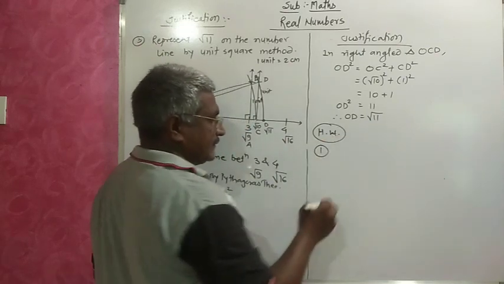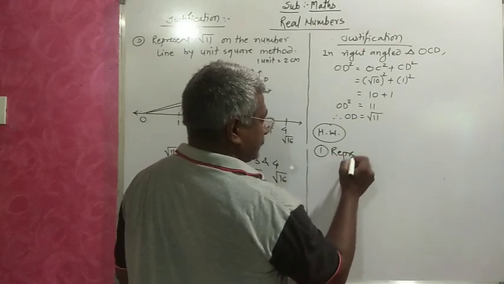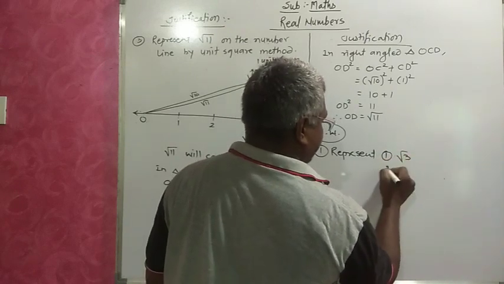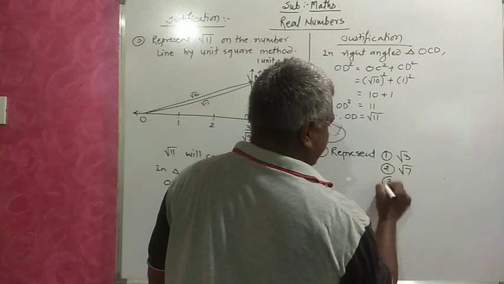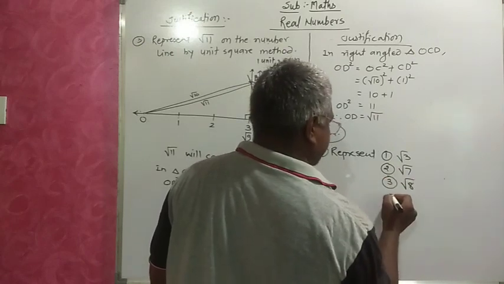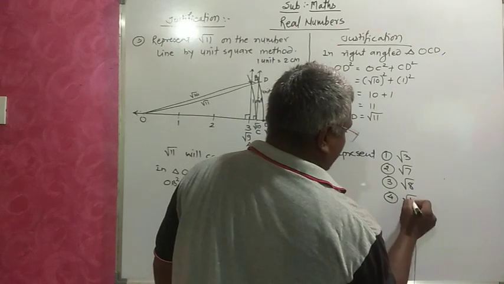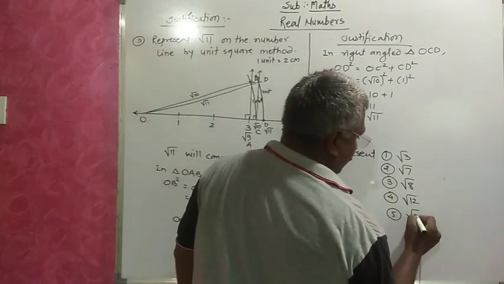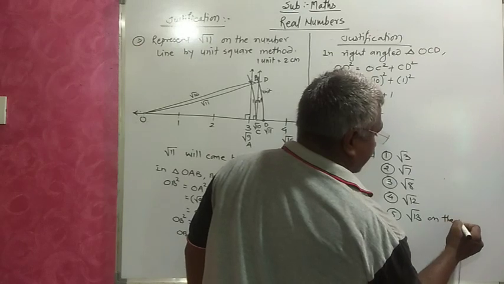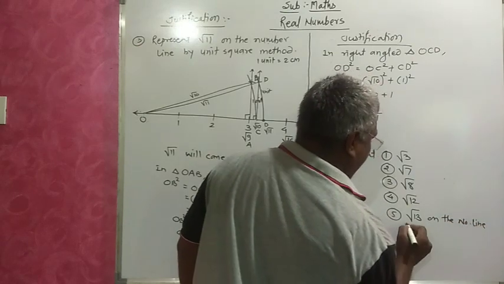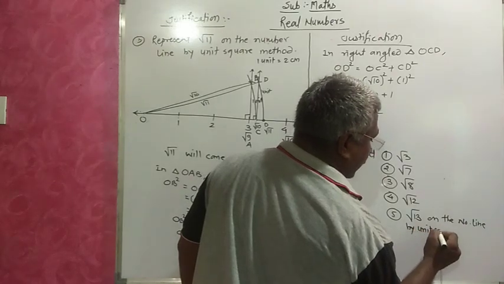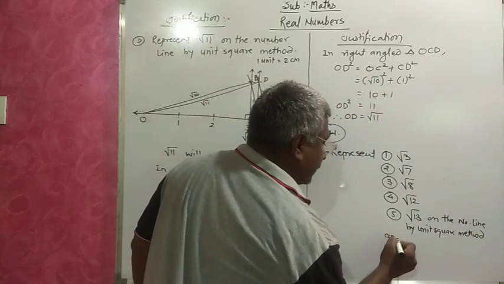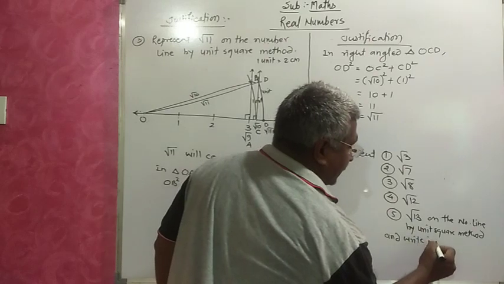You have to represent root 3, root 7, root 8, root 12, root 30 on the number line by the unit square method and write the justification.